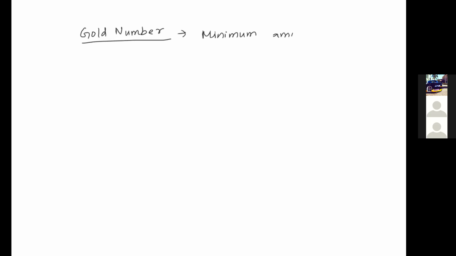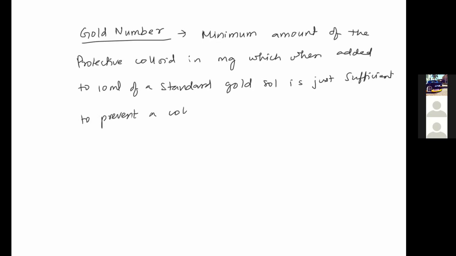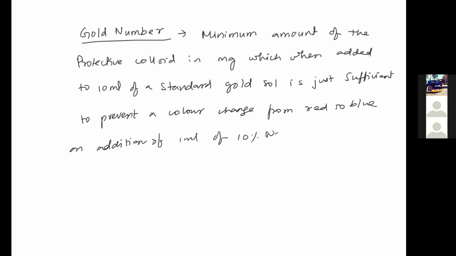It's the minimum amount of the protective colloid in milligrams, which when added to 10 ml of a standard gold solution is just sufficient to prevent a color change from red to blue on addition of 1 ml of 10% NaCl solution.